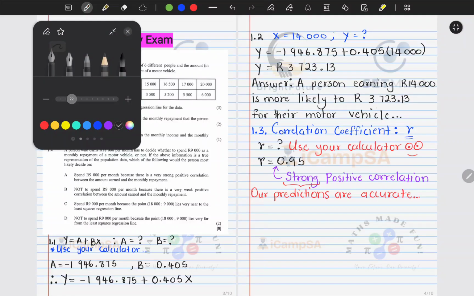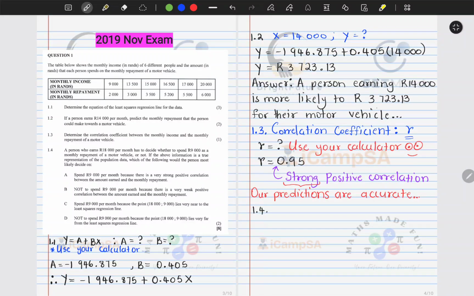Right, now let's go to 1.4, see what's happening there. So for 1.4, we are told a person who earns 18,000 rands per month has decided whether to spend 9,000 as a monthly repayment of a motor vehicle or not. If the above information is a true representation of the population data, which of the following would the person most likely decide on?